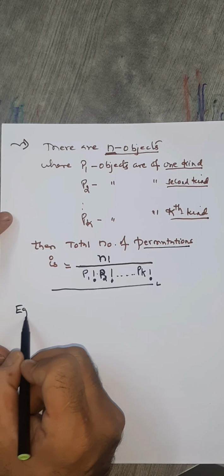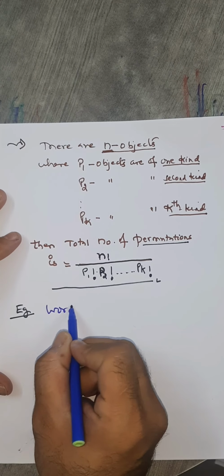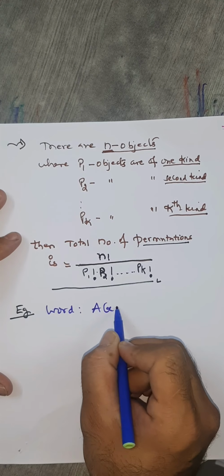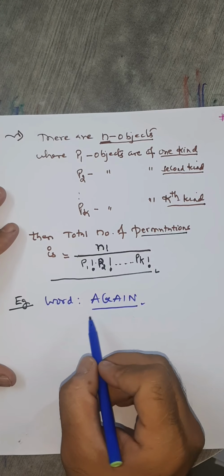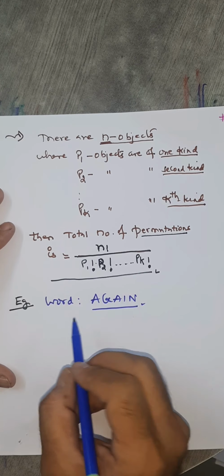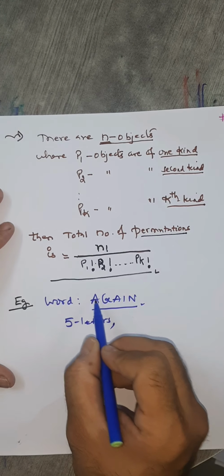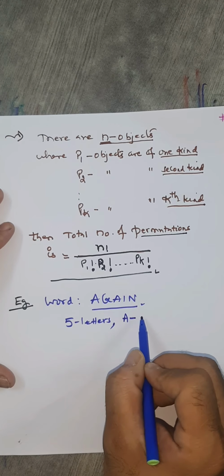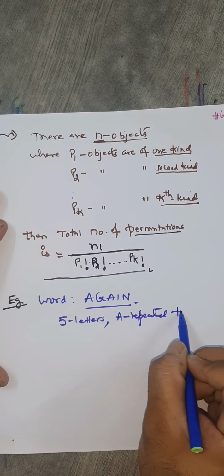For example, let's take a word again. Suppose you are given this word. Now you see, you cannot do it directly as we did earlier, but here you have a total of 1, 2, 3, 4, 5 letters, in which A is repeated twice.